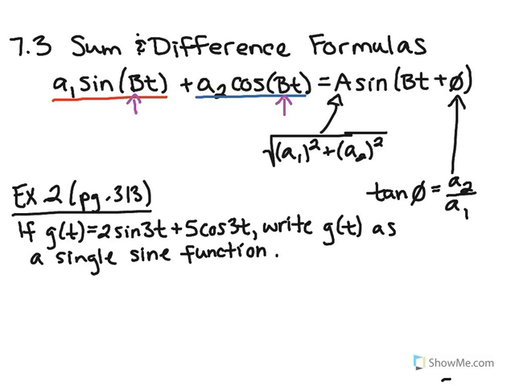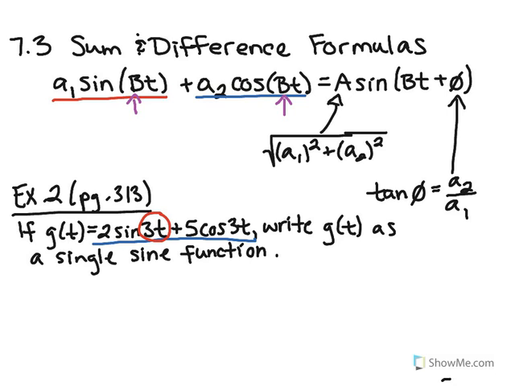So here's our example. This is example number 2 on page 313 of your textbook. We have a function, its name is g of t, and it is equal to 2 sine 3t plus 5 cosine 3t. And then it says write g of t as a single sine function. So we need to check our periods first.